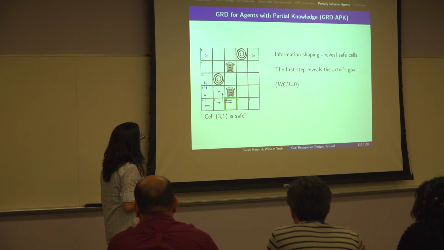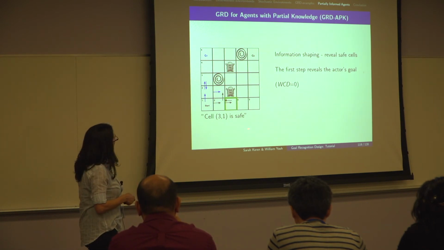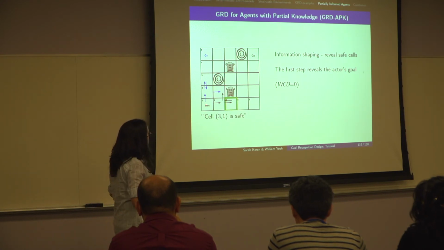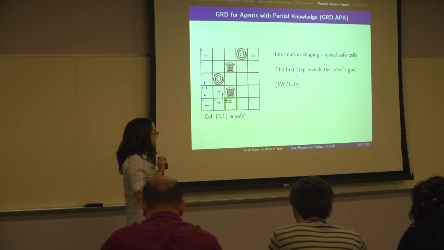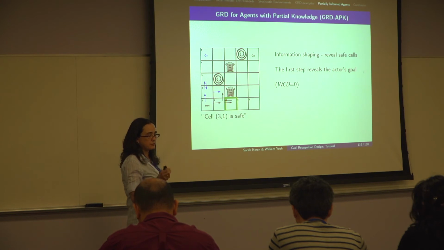Because now we gave an incentive, or in our terms, we broke ties between the plans, making the plan of going right and then up more attractive, because now the agent has to make fewer assumptions about this path. It's still not enough for G1 to divert from its optimal behavior, because there is still an optimal plan that G1 thinks is better. So this is a perfect way to apply change, because with one change we reduce WCD from 4 to 0. Perfect.